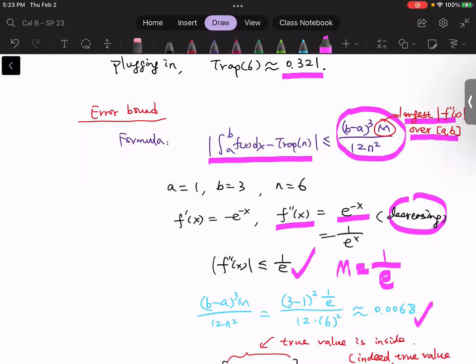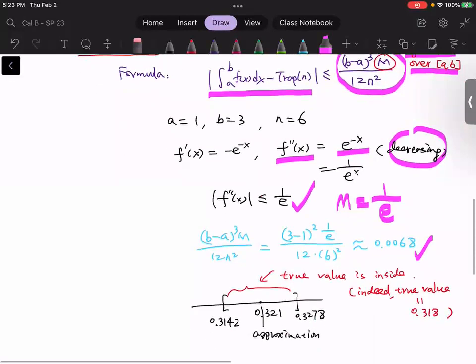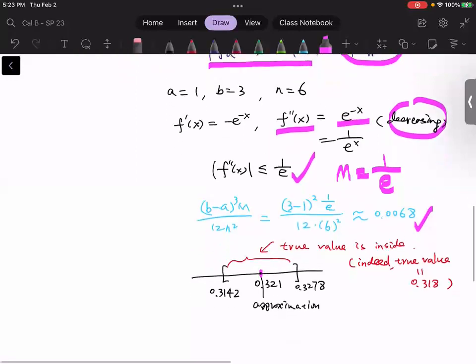What does this mean? Notice that 0.321 is our numerical approximation. Now going to the left hand side and the right hand side about 0.0068 units, this interval will cover the true solution. The true solution is guaranteed to lie inside this interval.